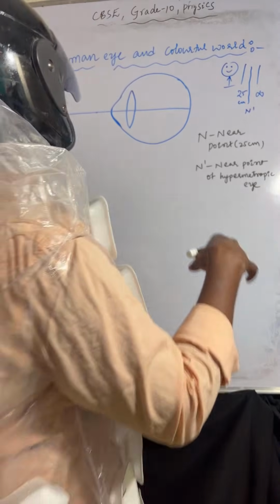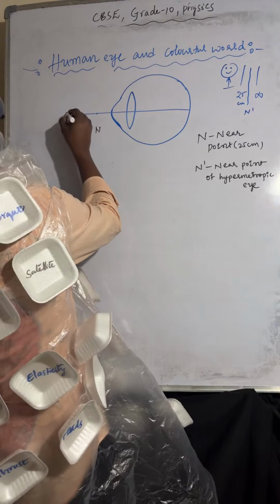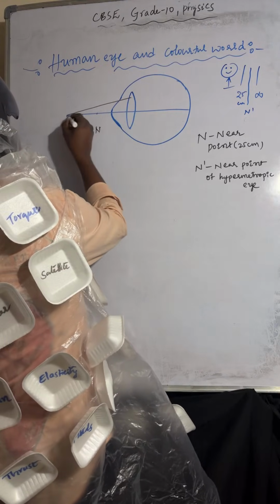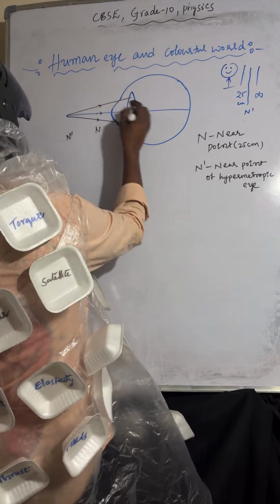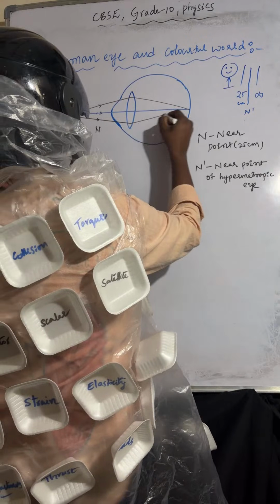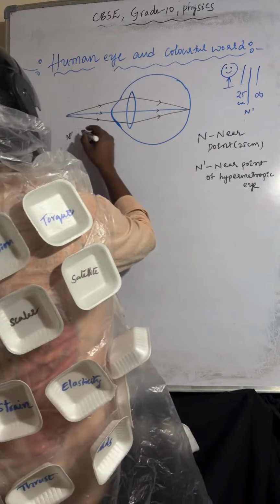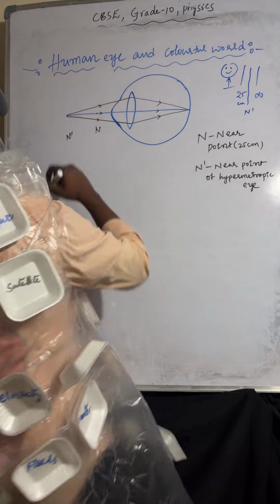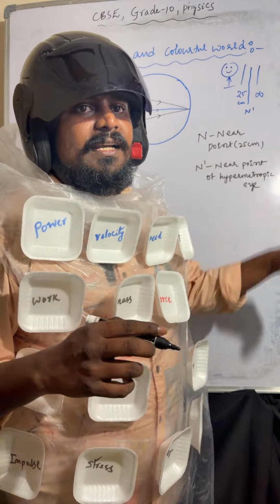Now this is n and this is n dash. If the light rays are coming from this point, those light rays will meet at the retina.